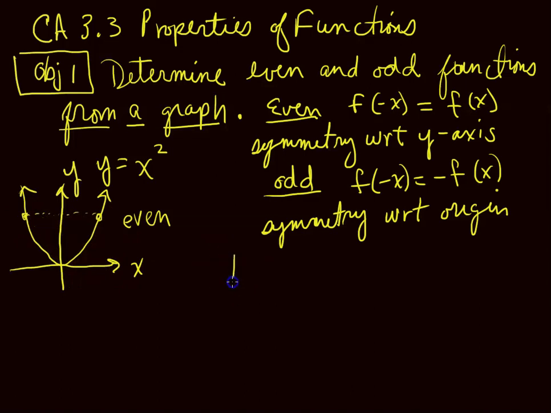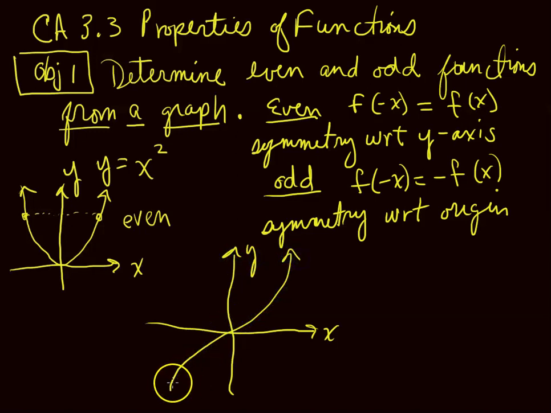For symmetry with respect to the origin, if I can draw straight lines here, the best example, the easiest, is y equals x cubed. Here, any point, if you take and run a line through the origin and go the same distance away, you will end up on the graph, no matter which point you pick.